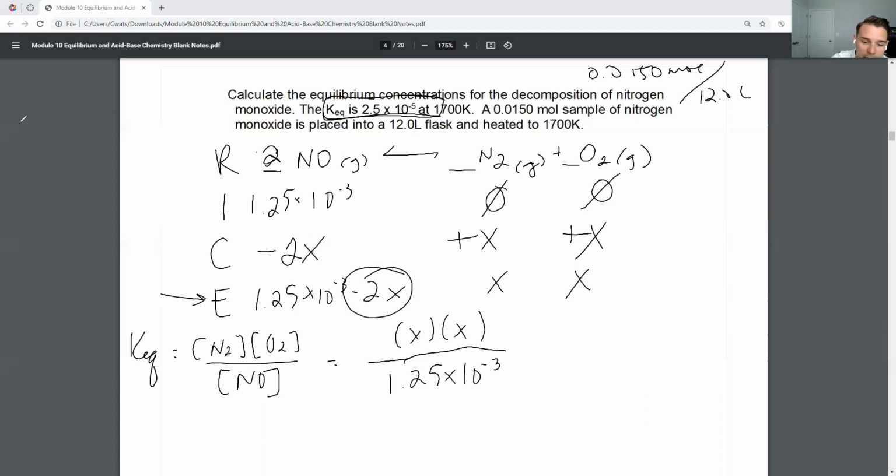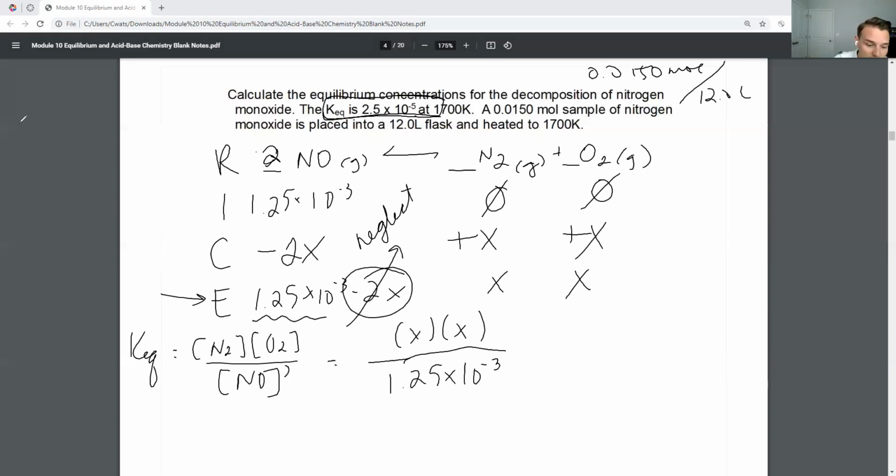Now this minus 2x, we can actually neglect it, because my KEQ is so small, it's basically not even going to change this number here. It's going to be negligible. We're going to neglect it. We're not going to worry about it. Plus, we're not going to do any quadratics. If you see something that's a quadratic, you've done something wrong.